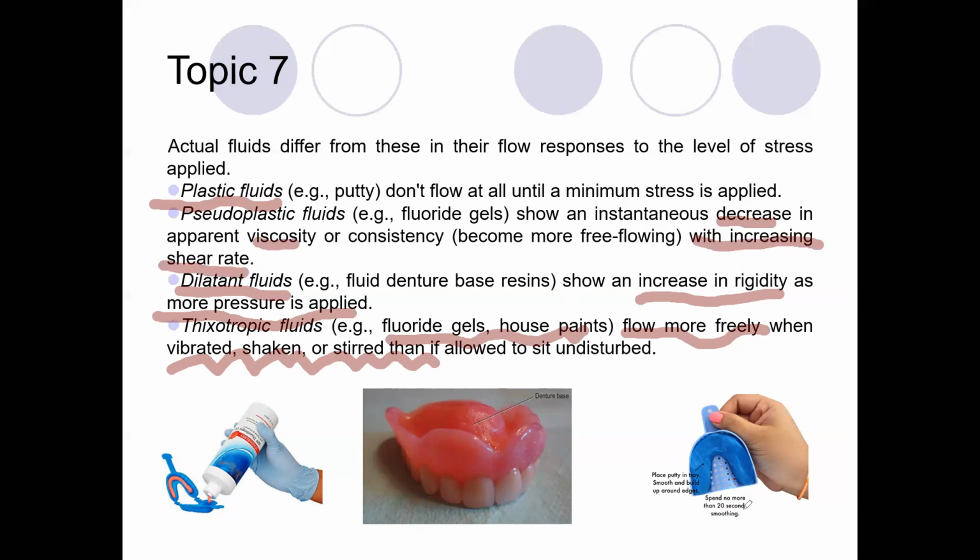For example, if you want to get the shape of the teeth, a different tooth here, you need to put the putty here, apply it for not more than 20 seconds, and after that remove it very, very quickly, because that is a dilatant fluid.